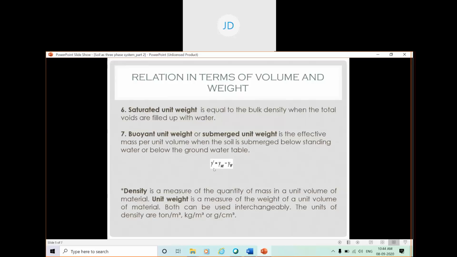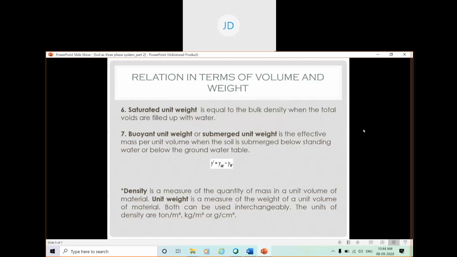And how can you find it? Just concentrate on this mathematical term. If you know, for a particular soil, the saturated unit weight, denoted by gamma saturated, and you know gamma W, the unit weight of water, which is a constant term, 9.81 kilonewton per meter cube or 1000 kg per meter cube, then just subtract the unit weight of water from the saturated unit weight of soil.